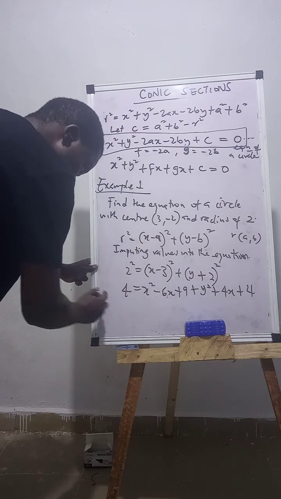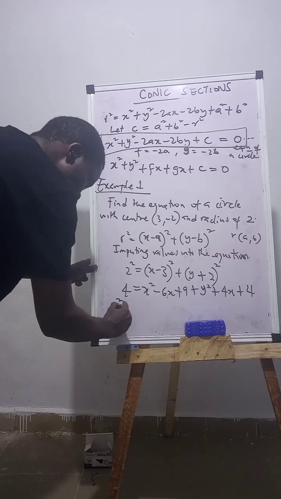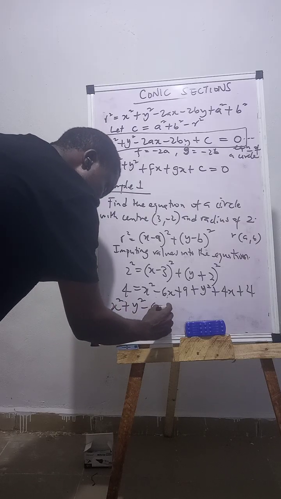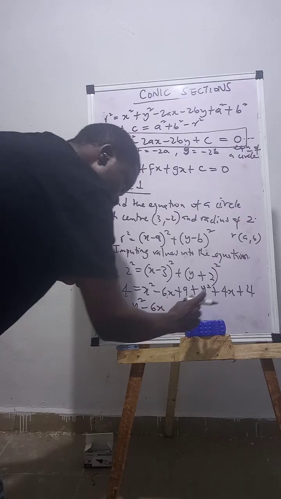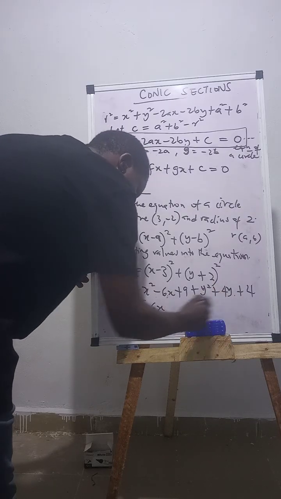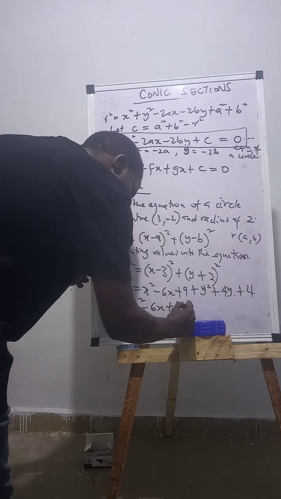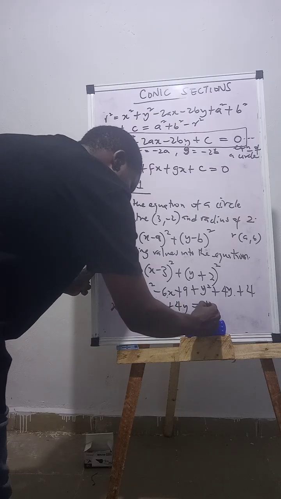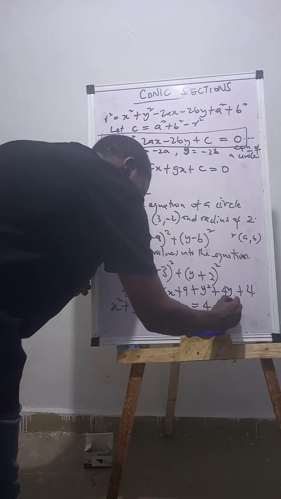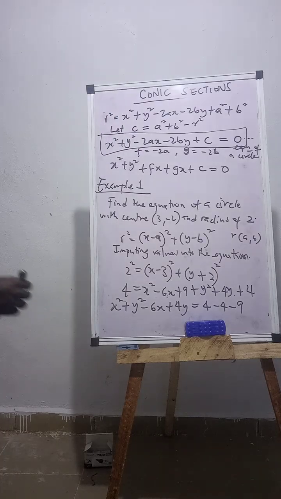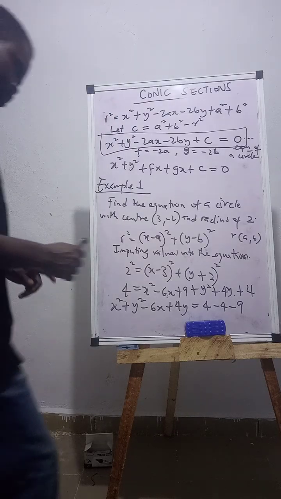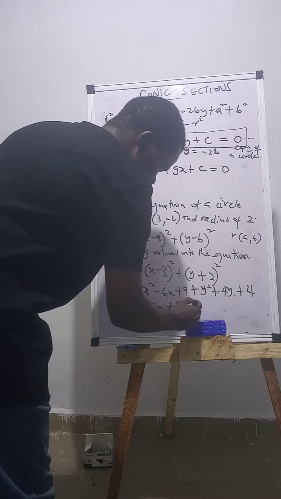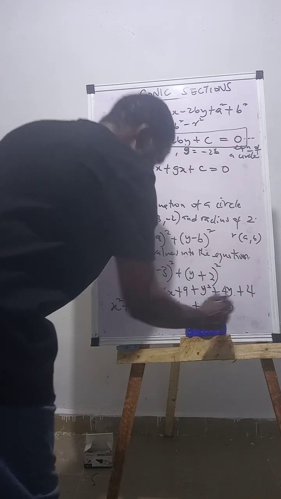Let's change the side first of all. So what we have is x squared plus y squared minus 6x, remember this is not x, this is y, plus 4y plus 9 is equal to 0.